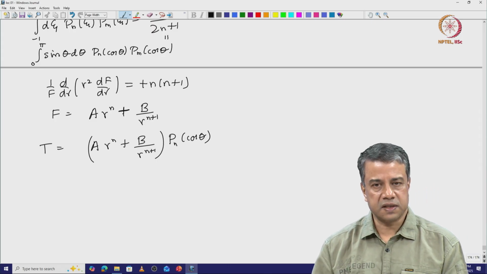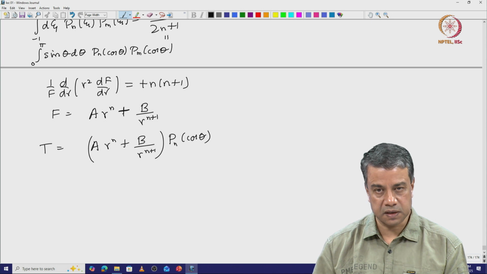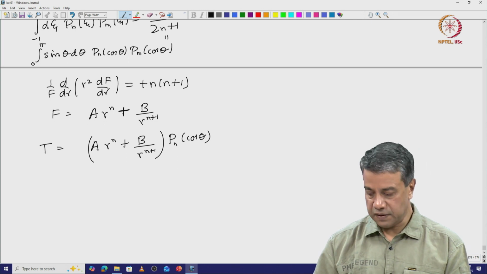This is a solution that satisfies the equation and it satisfies the boundary condition in the theta direction, because we had homogeneous boundary conditions in the theta direction for any value of n.